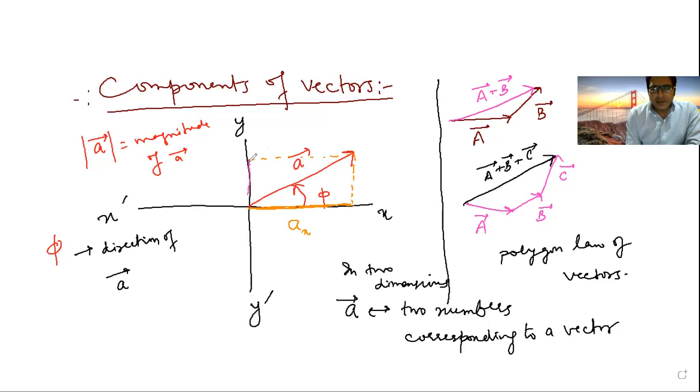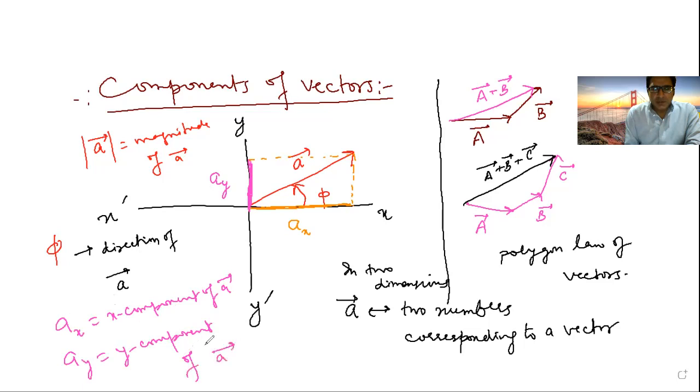And this length is represented by a subscript y, right? So ax is called the x component of vector a, and ay is called the y component of a, right?